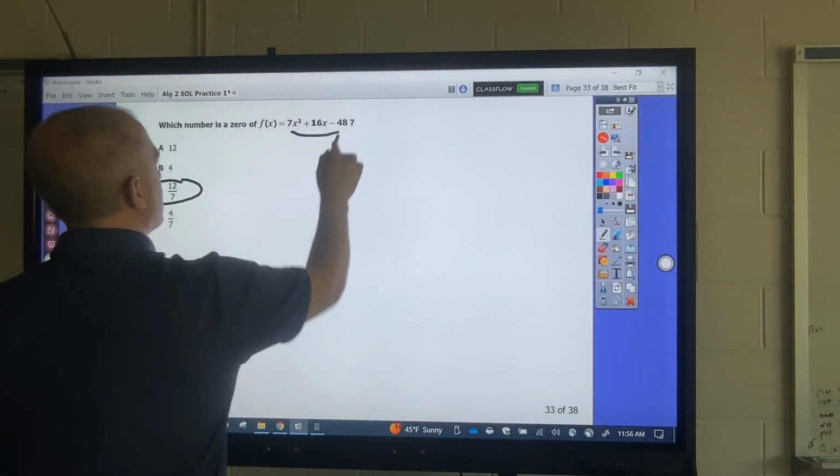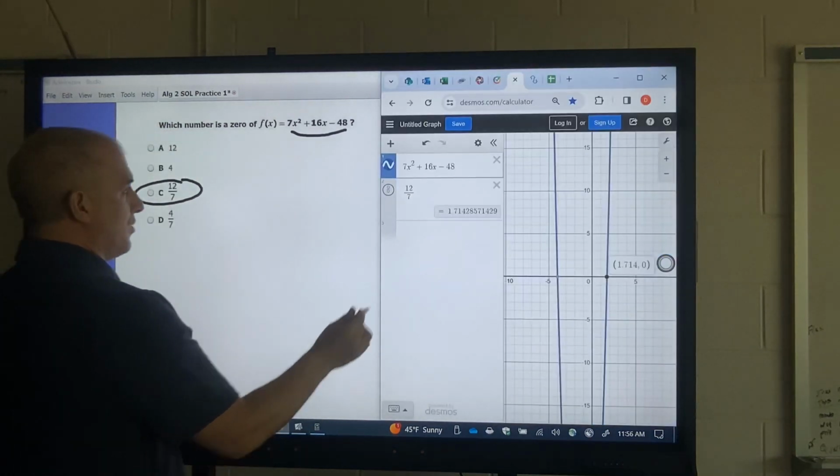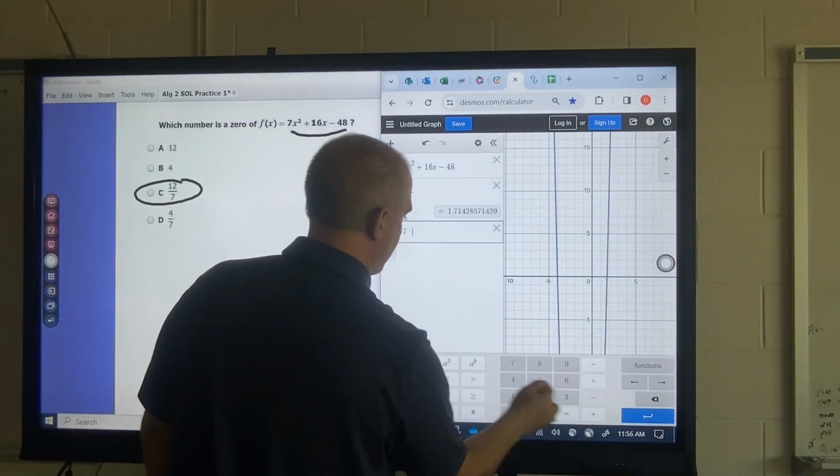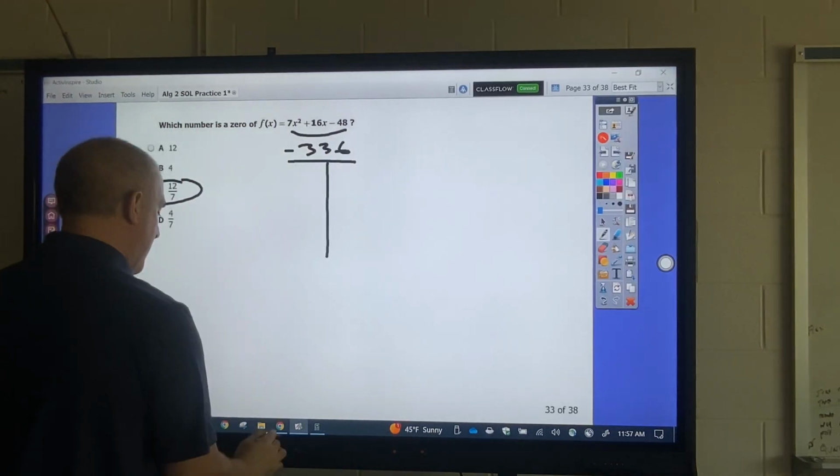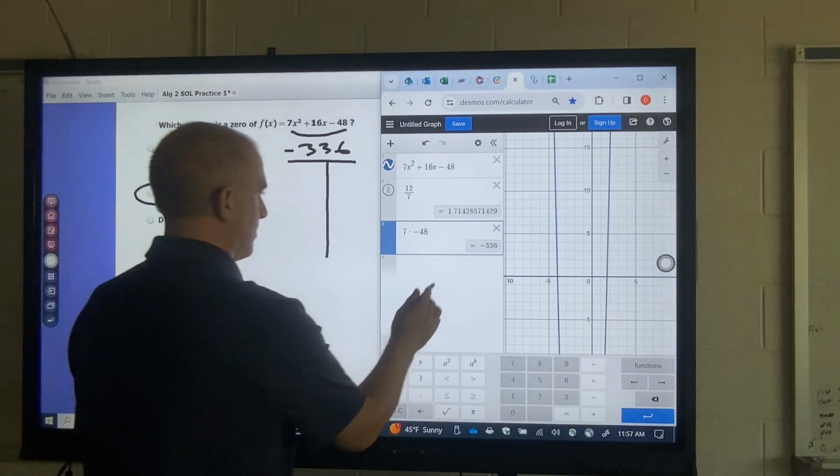If you wanted to, you could always multiply that. That's 7 times negative 48. That's negative 336. And you'd have to find the factors in negative 336.